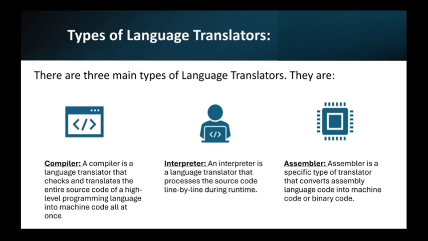An assembler, on its own, is a specific type of translator that converts assembly language code into machine code or binary code. The assembler converts the instructions written in assembly language to machine language for the computer to execute.